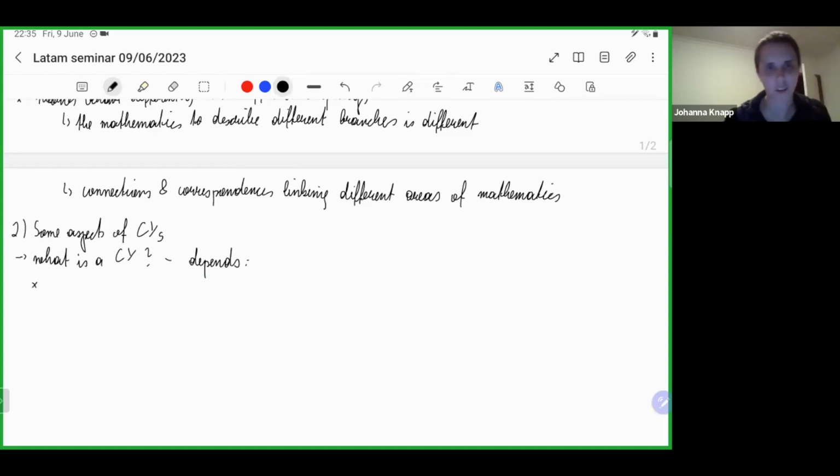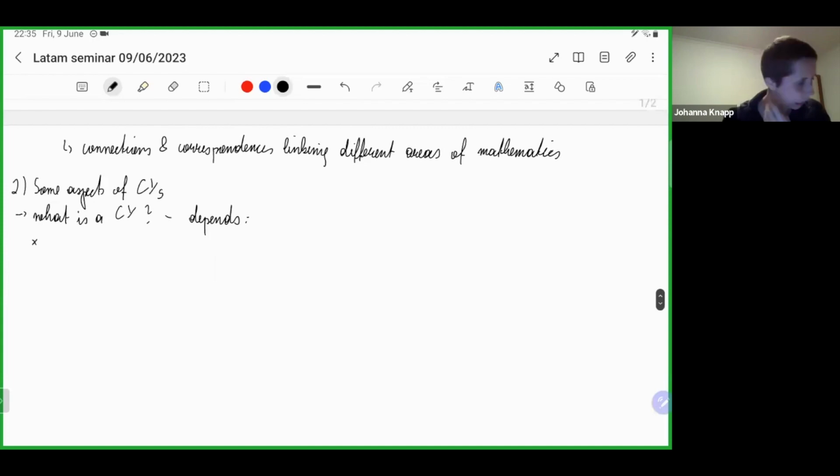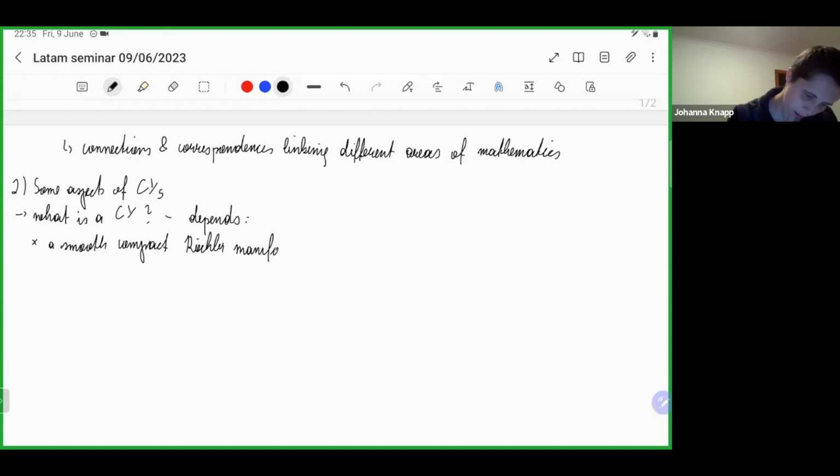So I think the most conservative and least controversial definition of a Calabi-Yau is that it is a smooth, compact Kähler manifold. I like to call my Calabi-Yaus X, so here's some notation. And then it depends on your preferences, and actually to understand the equivalences between these things is non-trivial mathematics.